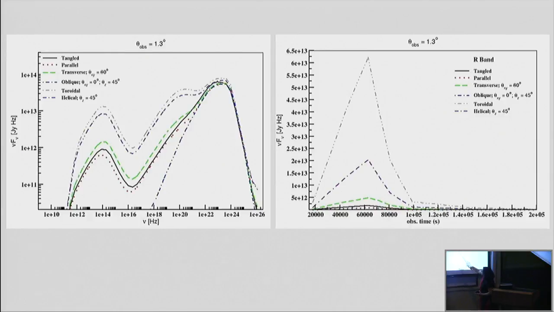But a combination of the Compton dominance and the spectral hardness will be able to indicate what kind of geometry we have.